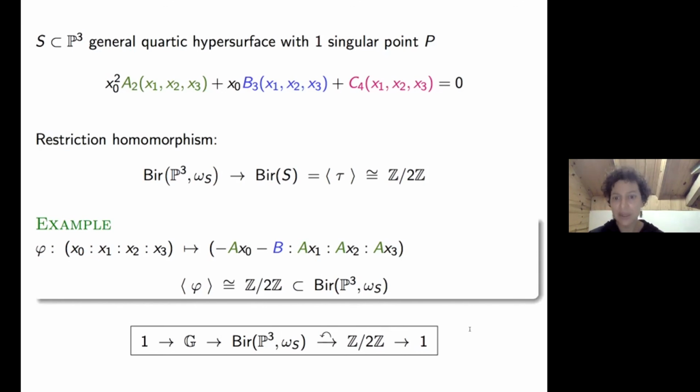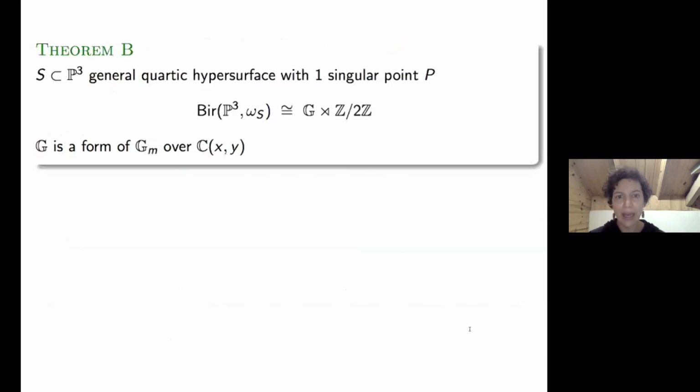So this gives a structure of semi-direct product to this group. And actually, what we prove in theorem B is we determine precisely what this group is. The group of birational transformations of P3 that preserve this volume form is this semi-direct product of G, and I will say what G is, with this cyclic group of order 2.